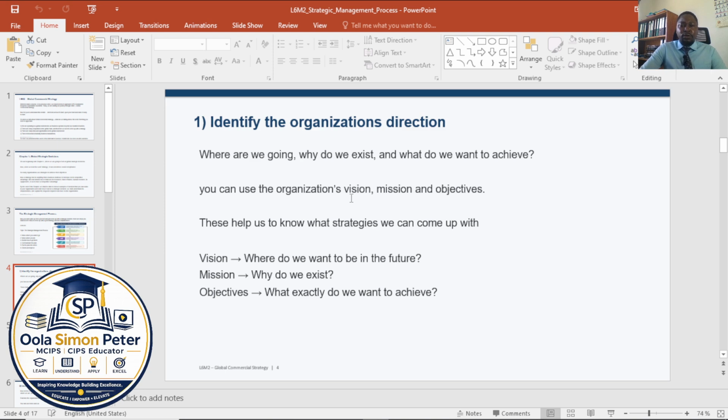Now we are going to consider some practical examples on how we can put all this into application. So once we have identified where we need to go or where we need to be, we now need to first find out what is our current situation.